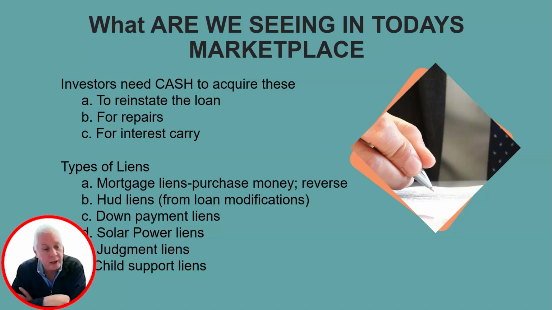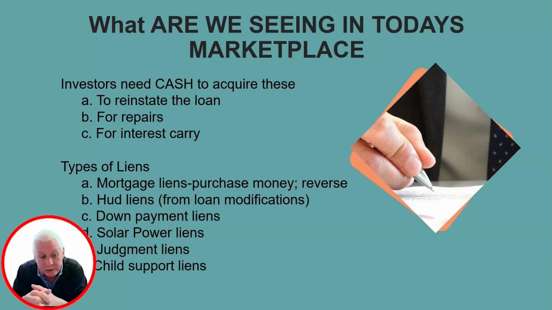You also have to understand liens. And there are various liens that can affect mortgages or properties out there. And of course, the first and obvious one is your purchase money mortgage. It could be a reverse mortgage, a refinance, a first and second lien. It could be a HUD partial claim deed of trust, as we talked about earlier.